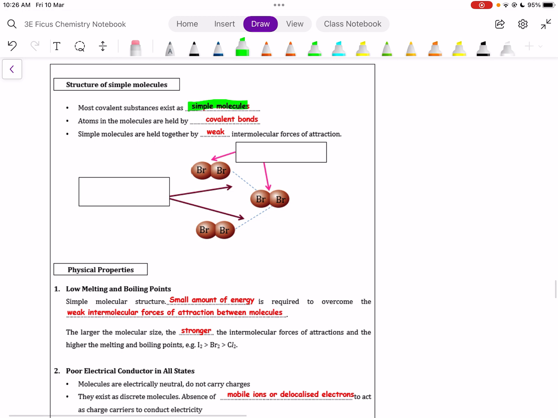So atoms in the molecules are held by covalent bonds. That means here, all these are actually the covalent bonds. But the dotted line is actually the weak intermolecular forces of attraction. Between molecules you say weak intermolecular forces of attraction.